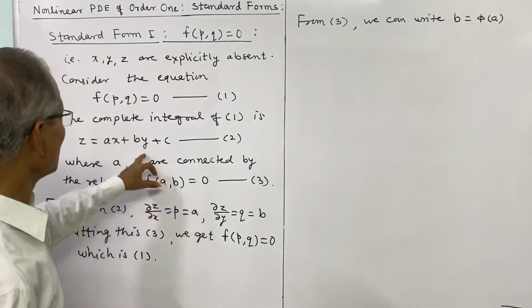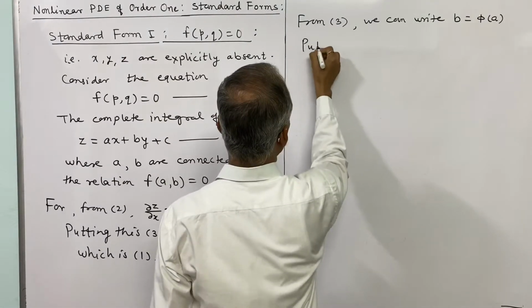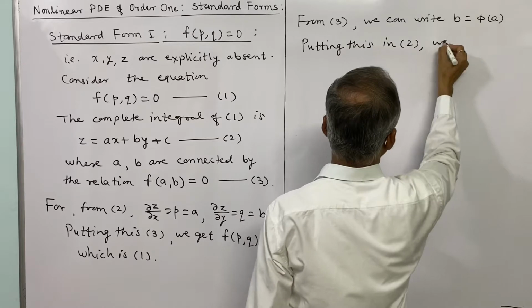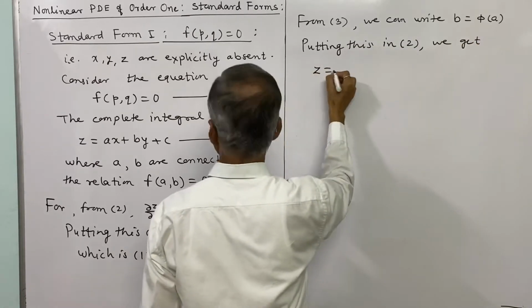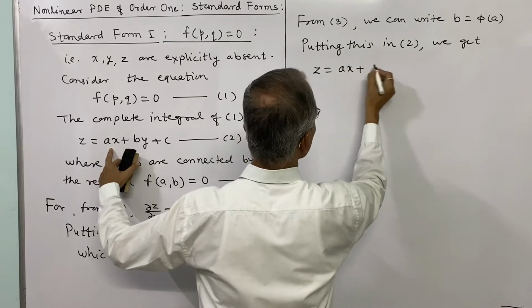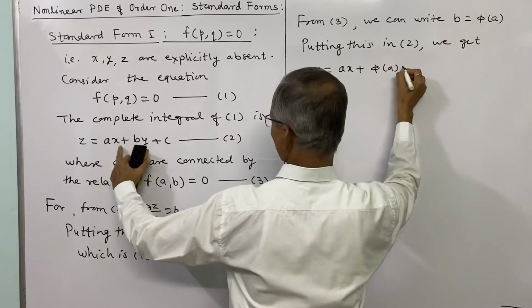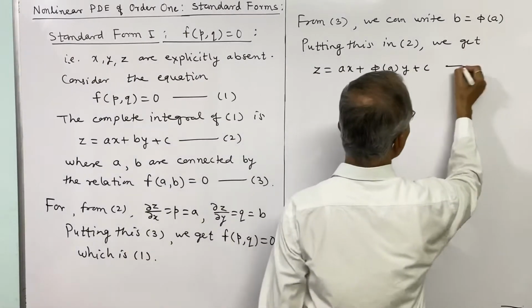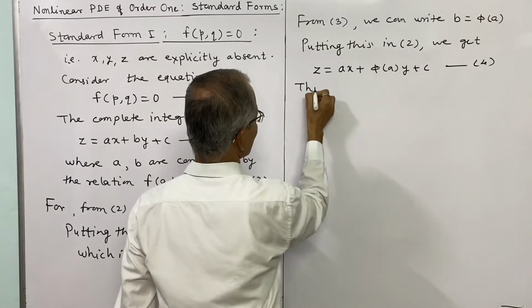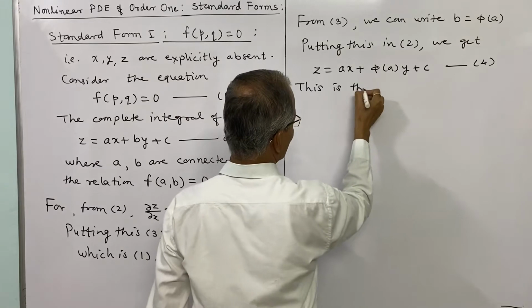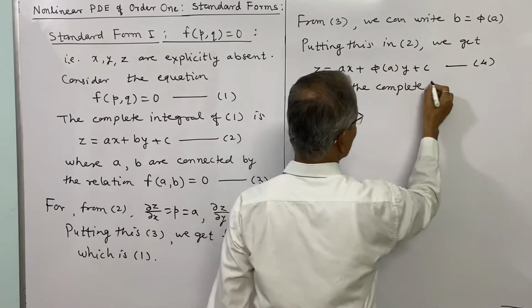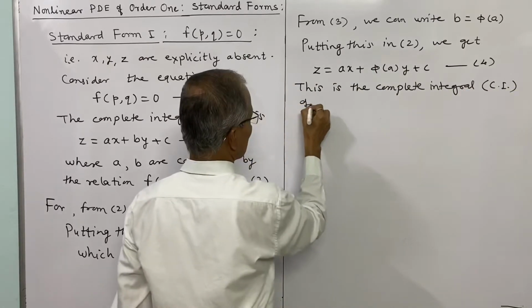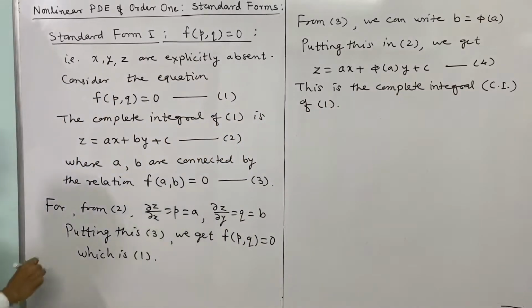Putting this in, we get z is equal to a into x plus phi of a into y plus c, and this is the complete integral of 1.